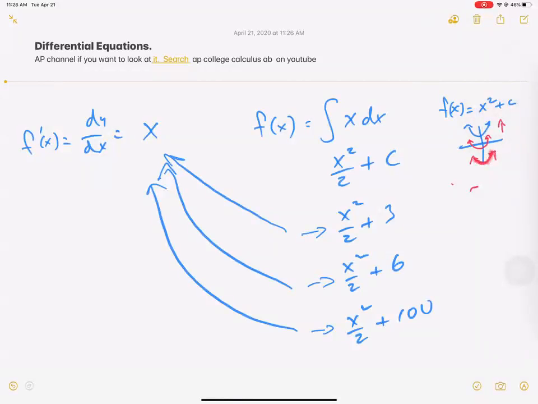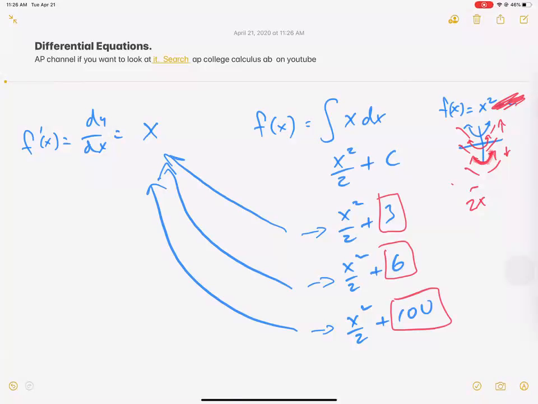And C can move up and down depending on that constant value. But when I take the derivative, this all goes away, leaving me just a 2x. And the change is the same in all these graphs. The slope is the same regardless of where I place that graph. So going backwards, this C value changes depending on where I want to place that graph.